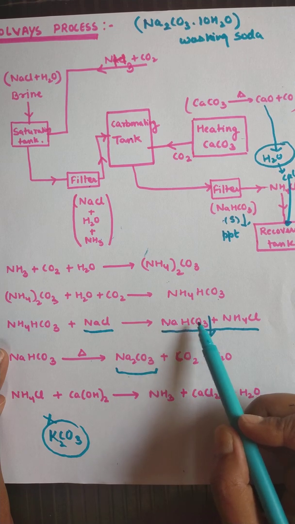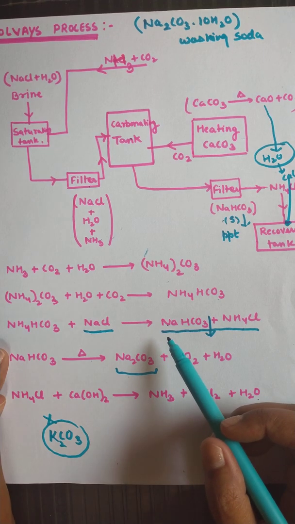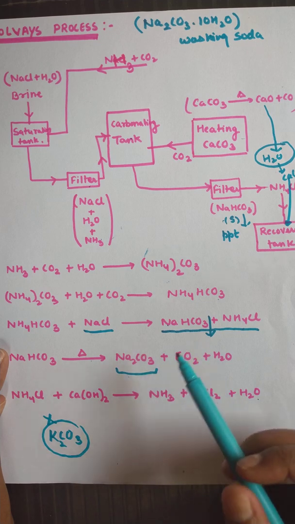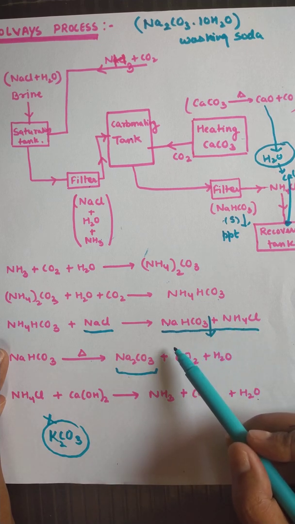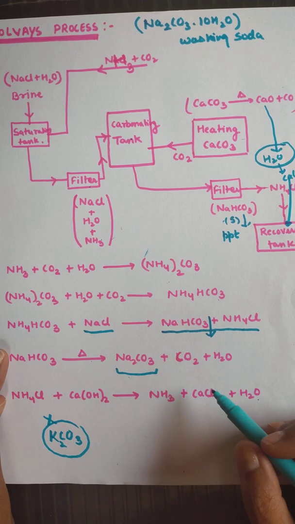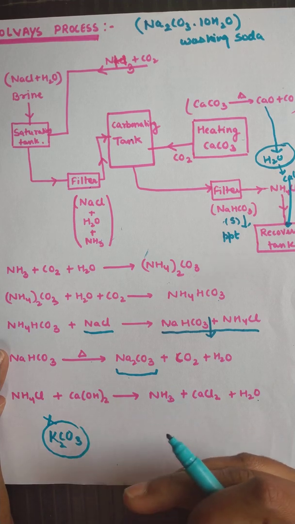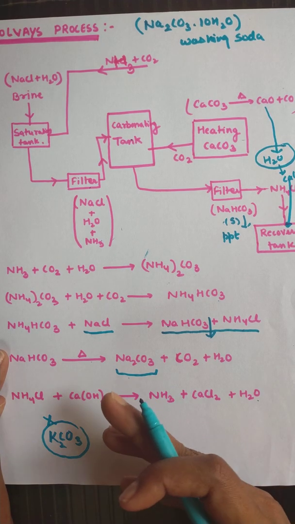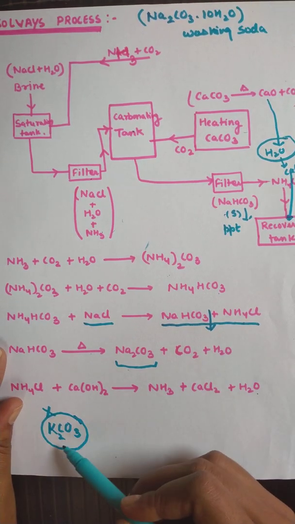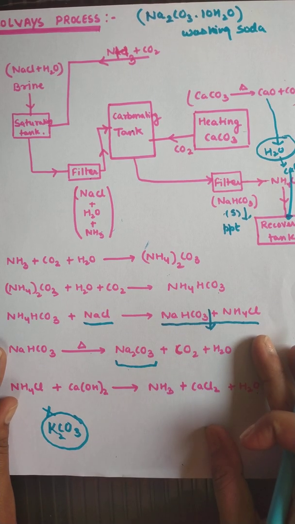But the potassium hydrogen carbonate which would be formed is very soluble in water. It is so soluble along with the ammonium chloride that we are not able to separate or precipitate it. We would have to make some extra efforts by using ammonium hydrogen carbonate. So that's why we are not able to form potassium carbonate by the Solvay process.